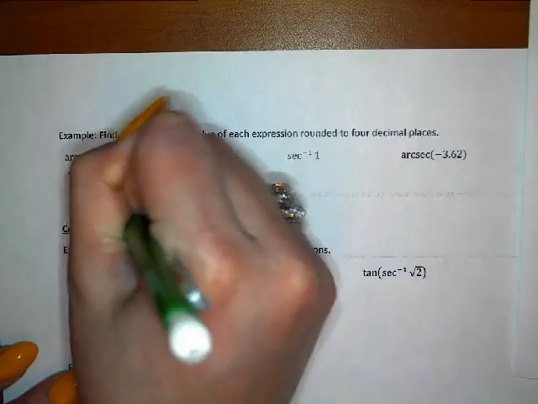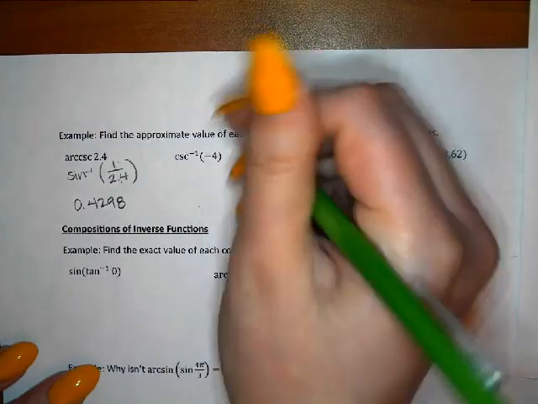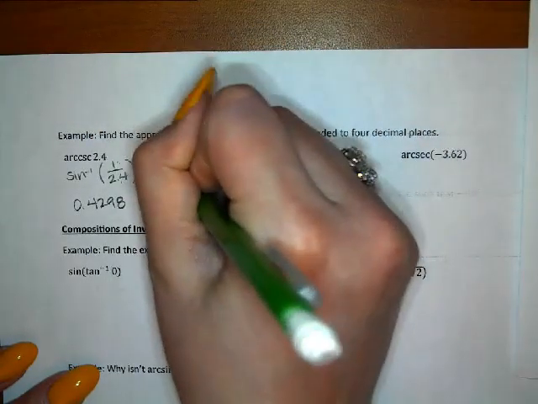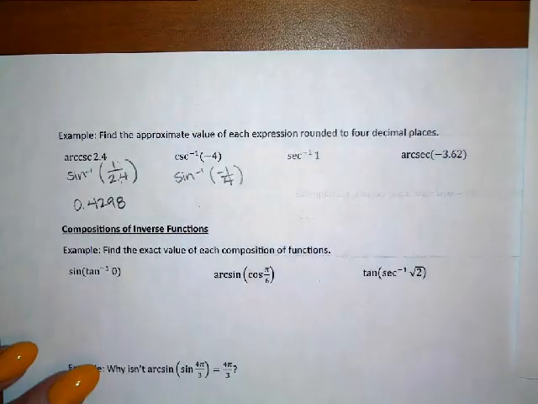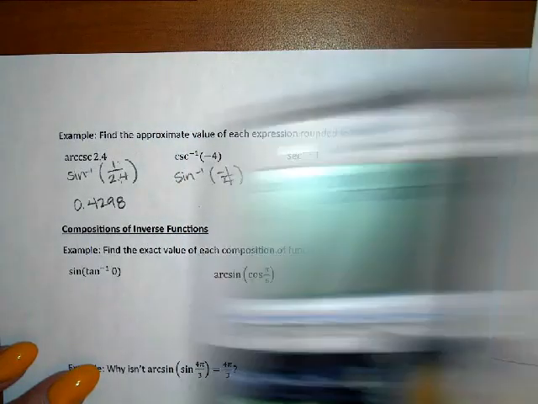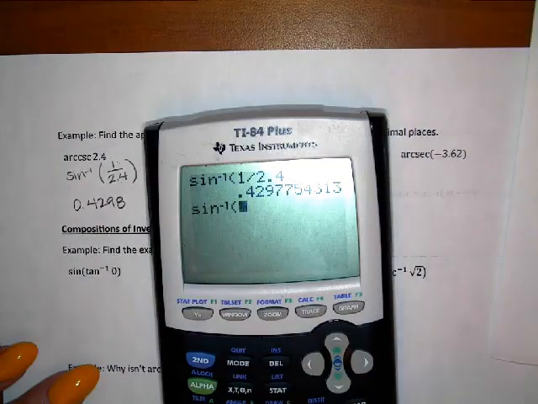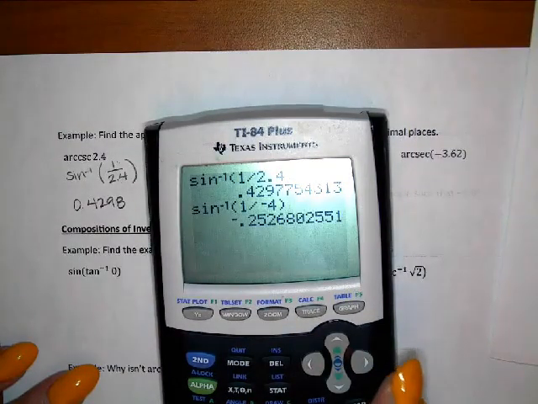Here, cosecant inverse of -4, I'm going to do sine inverse of -1/4, or 1 divided by -4. That gives -0.2527.